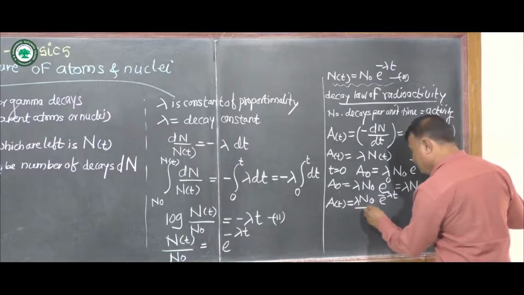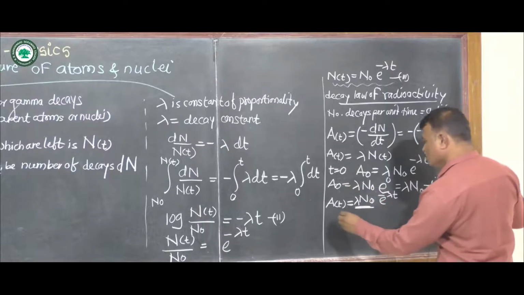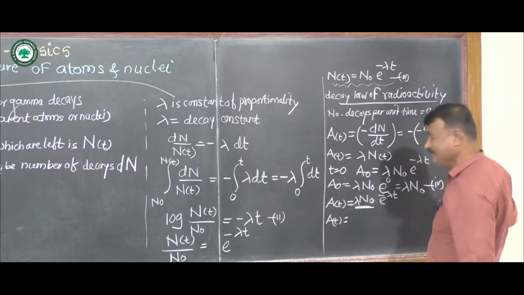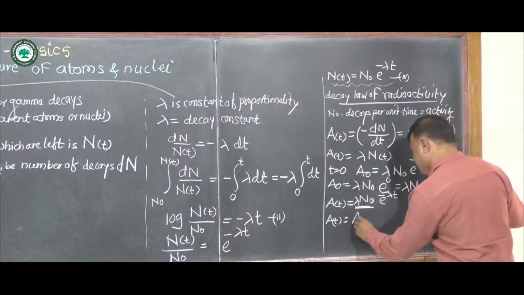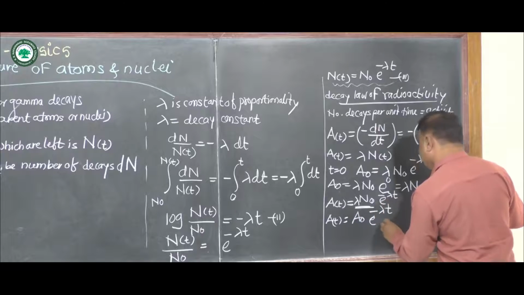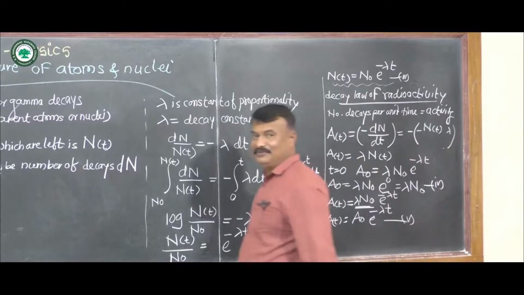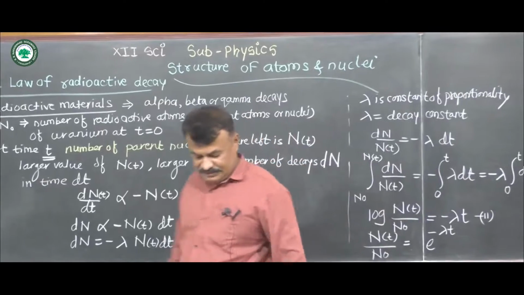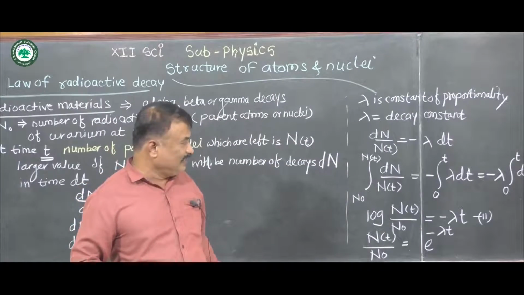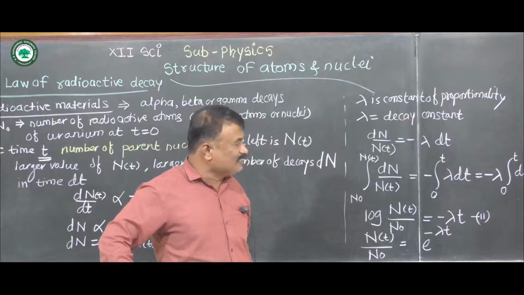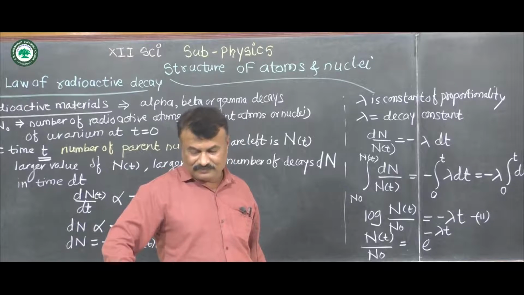So this lambda into N0 will become A0. So we get At is equal to A0 into e raised to minus lambda into t, equation 5. So this is the activity. In this way we get activity At is equal to A0 into e raised to minus lambda t.